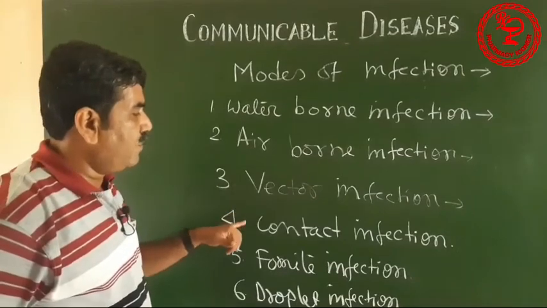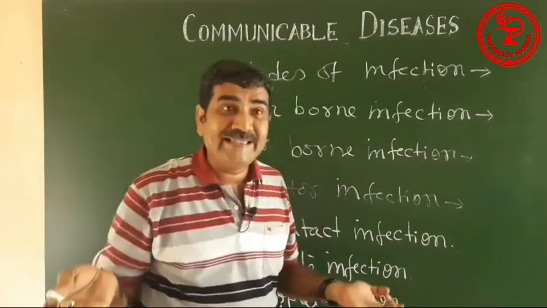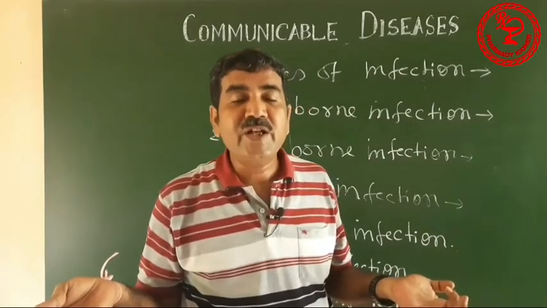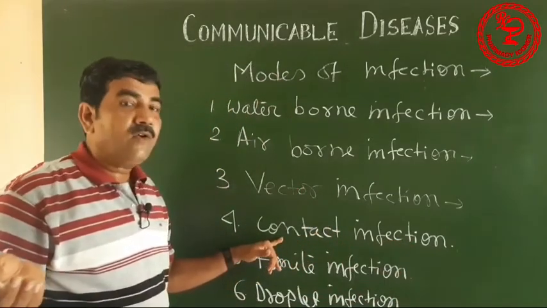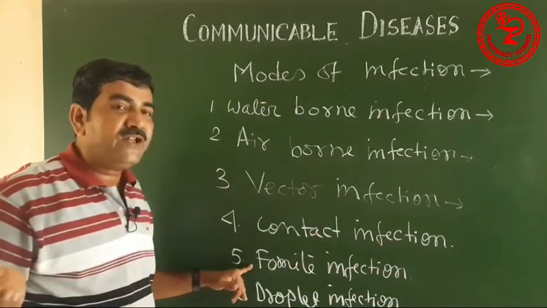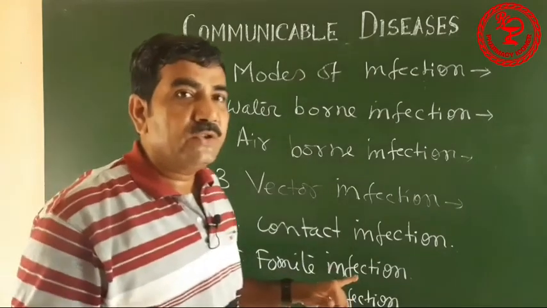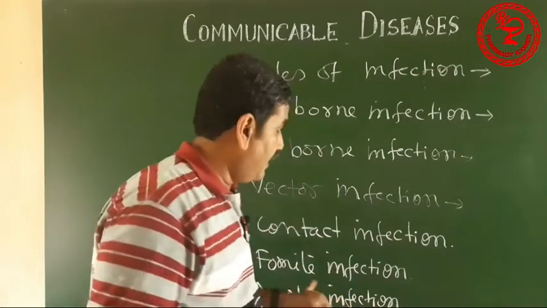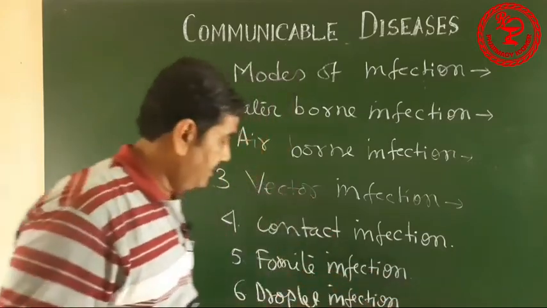So, contact infection: conjunctivitis and currently this COVID infection are caused by contact infection. Fomite infection: chickenpox and COVID also are transmitted by fomite infection.